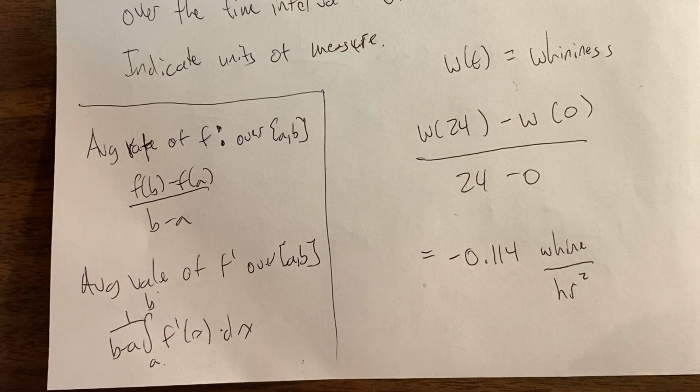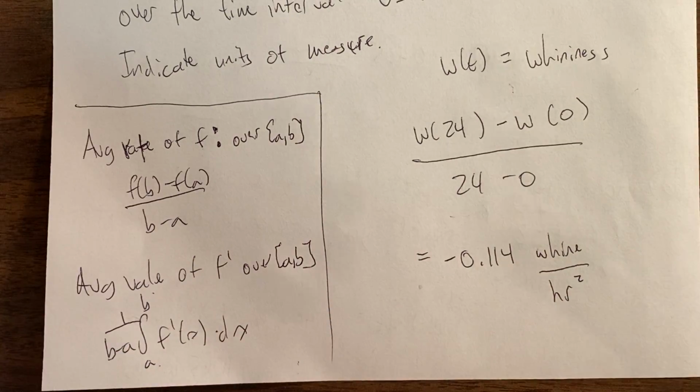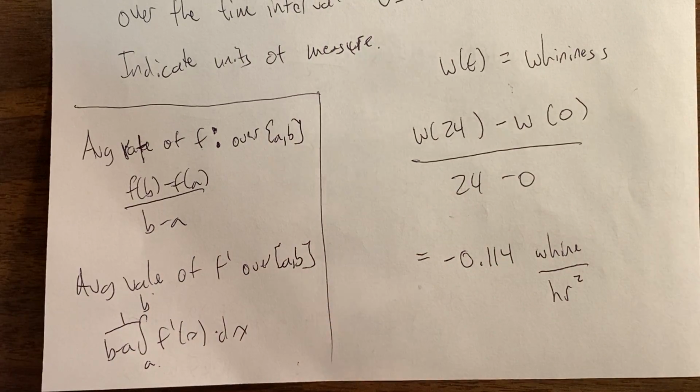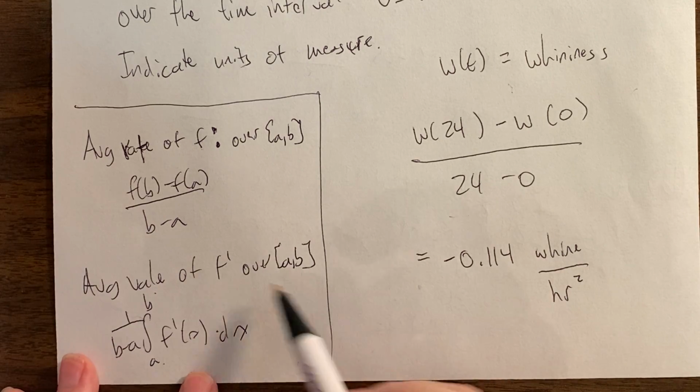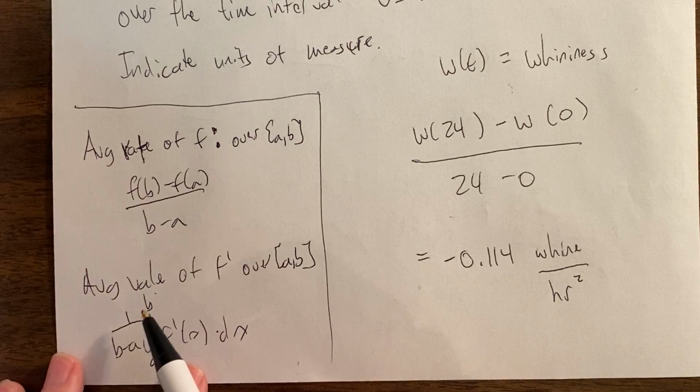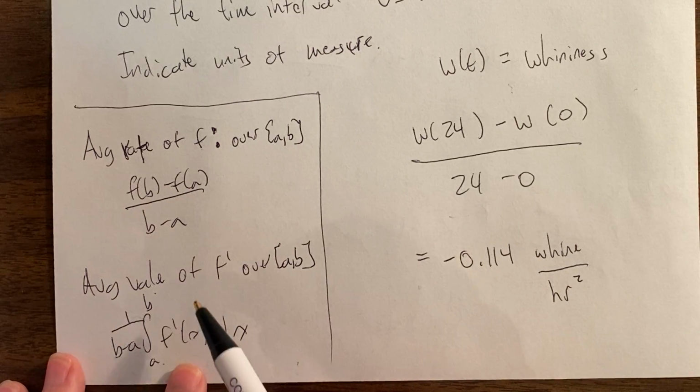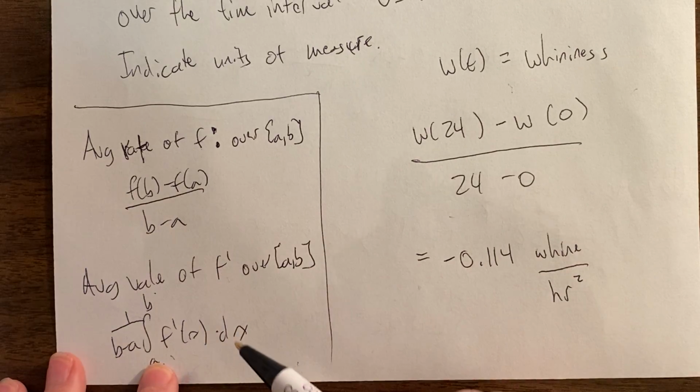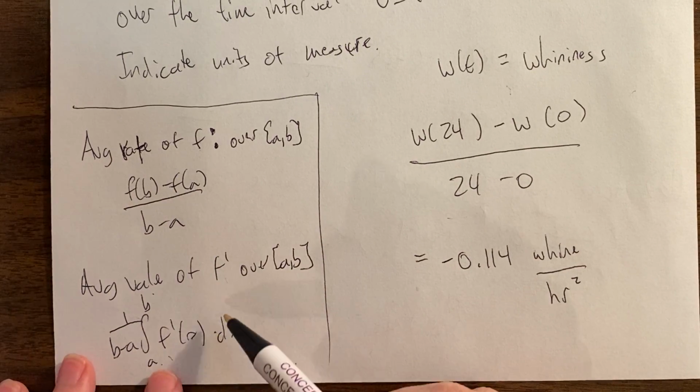Hopefully it does. Finally, we talked about average rate. Average rate of f is usually algebra slope of f, but if you were given f prime, in some rare cases, you would set up an integral formula like this, because again, the average value of anything is 1 over b minus a, the integral of that thing. So if f prime is given, which is the rate of change of f, then you would put that.